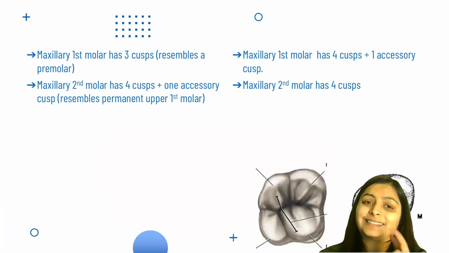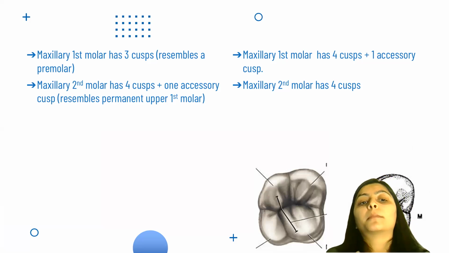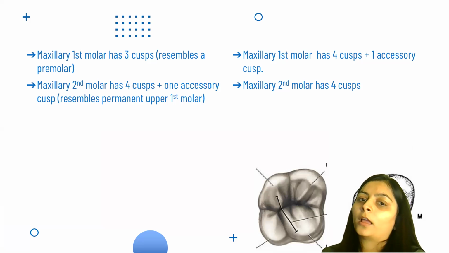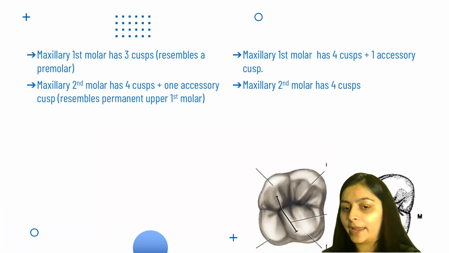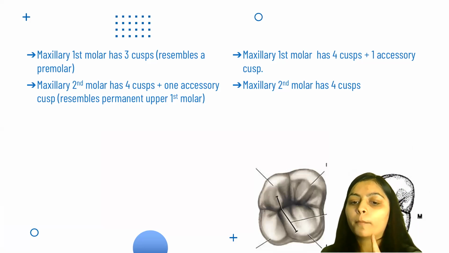Maxillary first molar has three cusps and resembles a premolar in primary, whereas the maxillary second molar has four cusps and one accessory cusp, resembling the permanent upper first molar. Whereas in permanent teeth, the first molar has four cusps with one accessory cusp, which is known as the cusp of Carabelli, present on the mesiolingual cusp of the first molar.